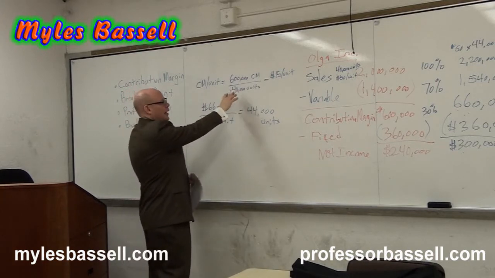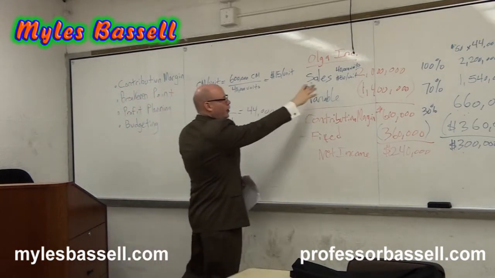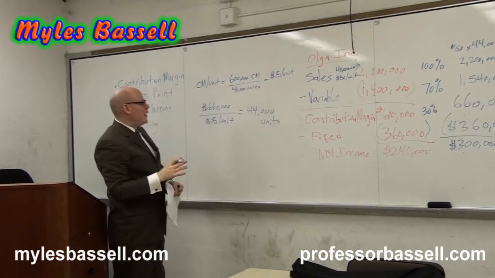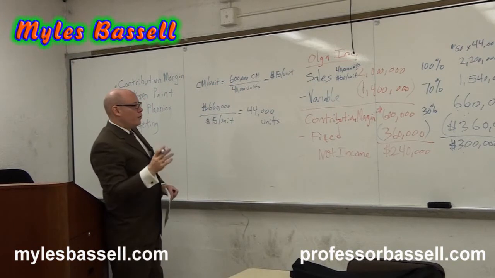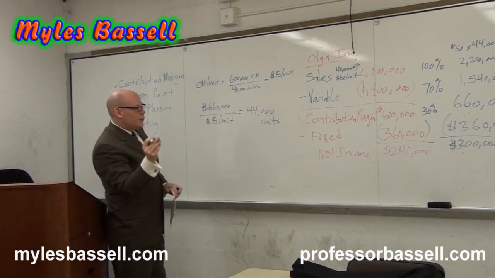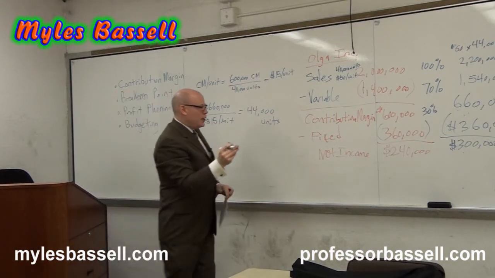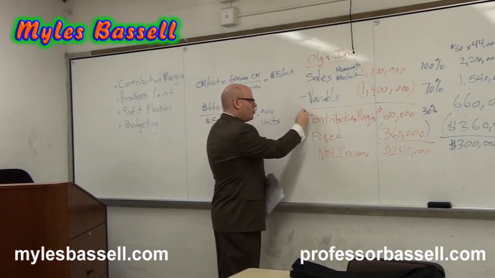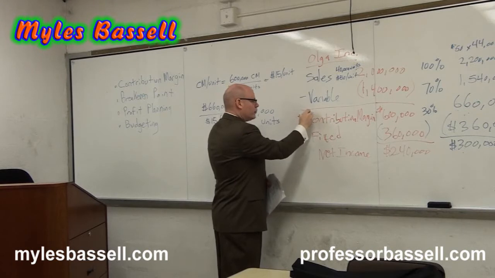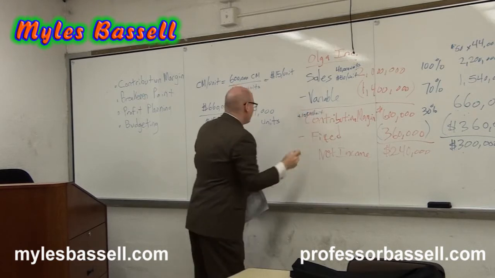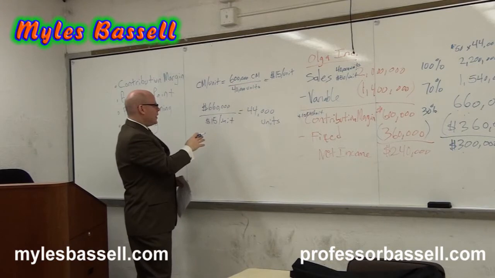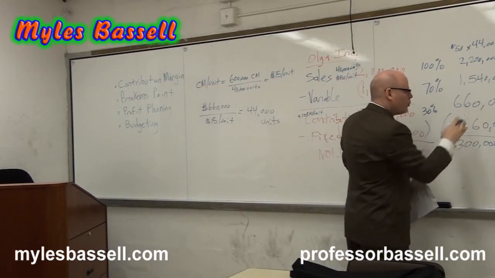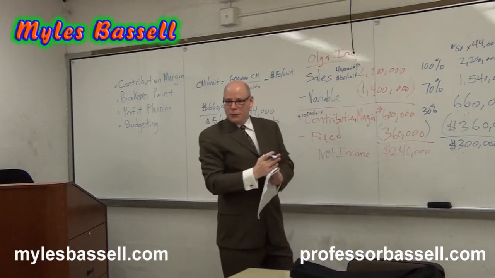At this level of sales, 40,000 units, the contribution margin is $15 per unit. So for each unit that we sell, we're adding $15 towards the contribution margin. Then how many units are we going to need to sell to achieve a contribution margin of 660,000?